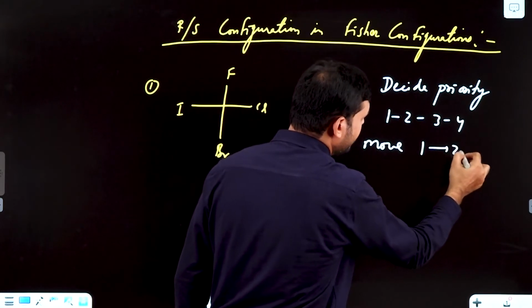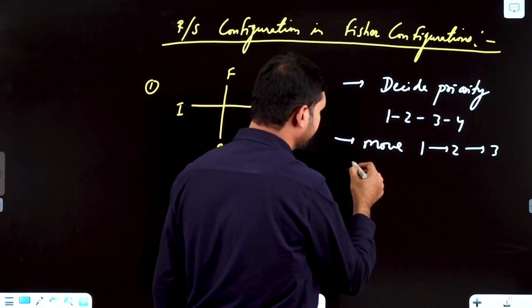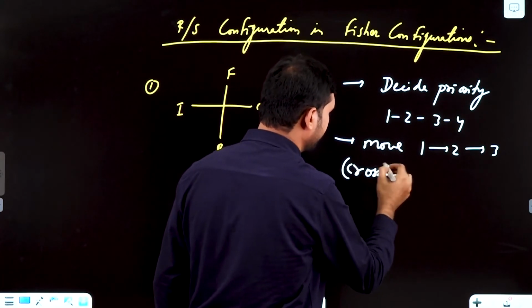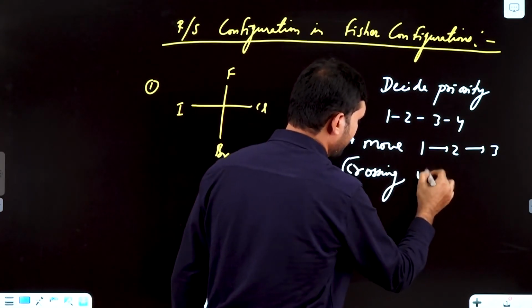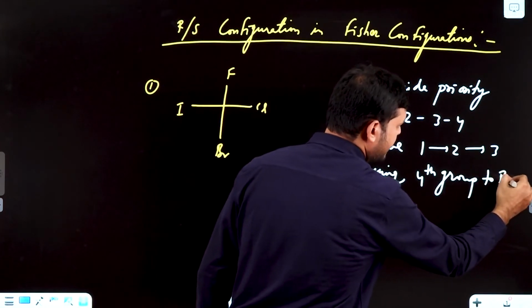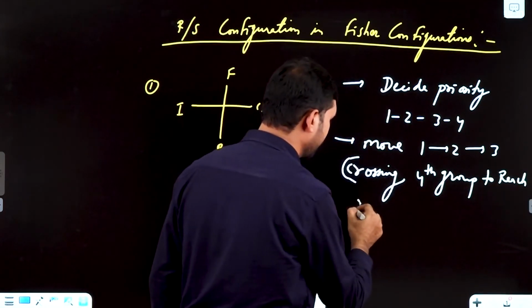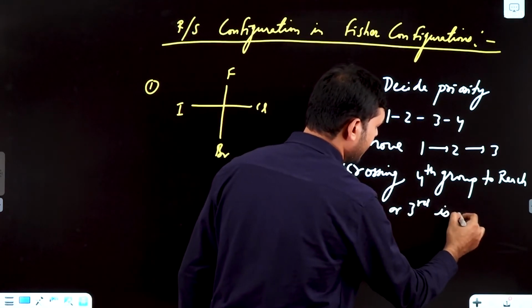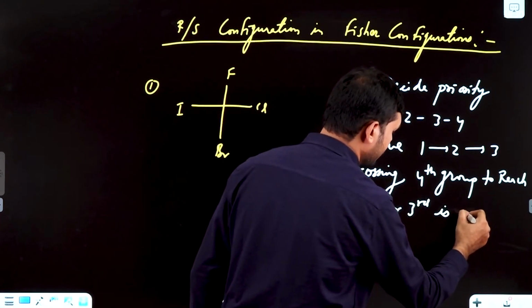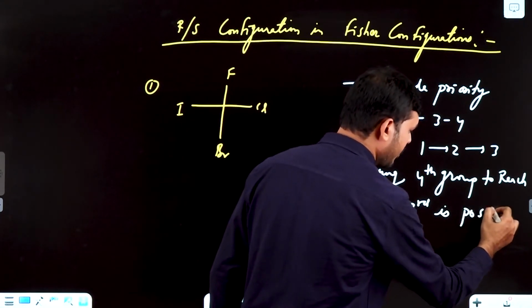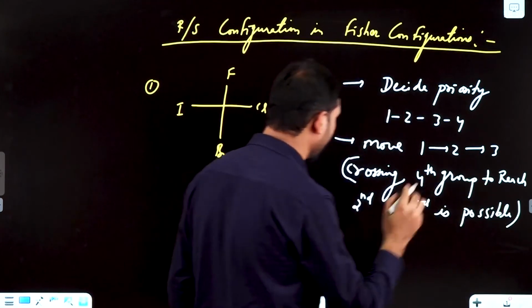Move 1 to 2, 2 to 3. Crossing the fourth group to reach second or third is possible. That it will be okay.